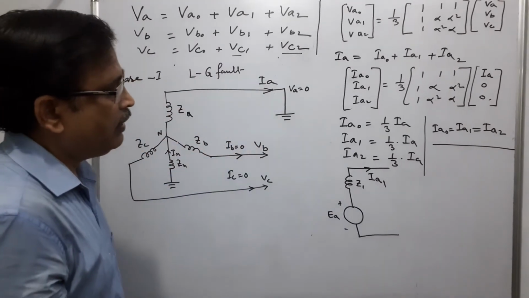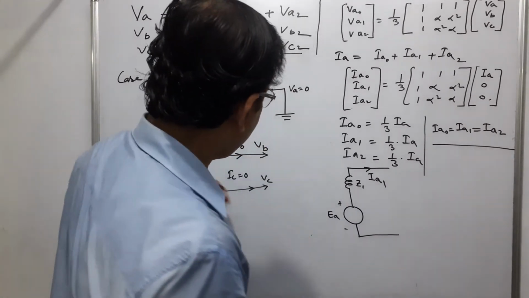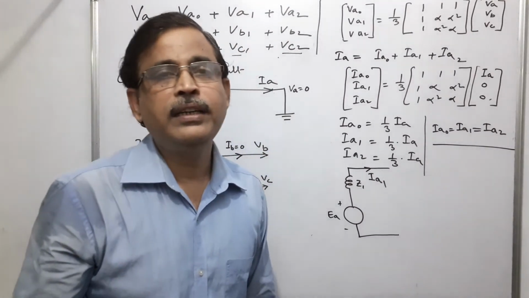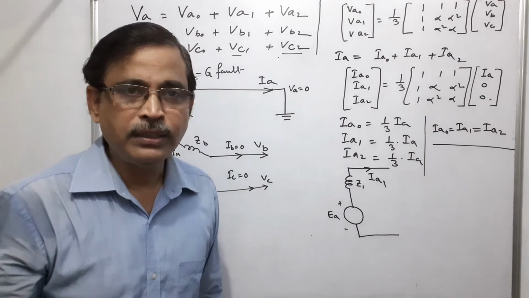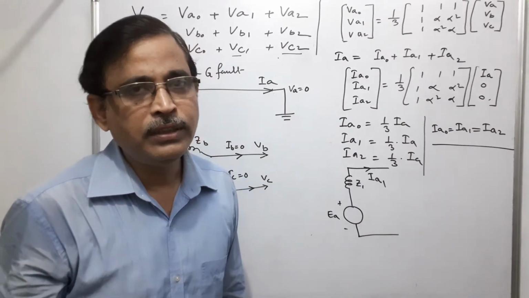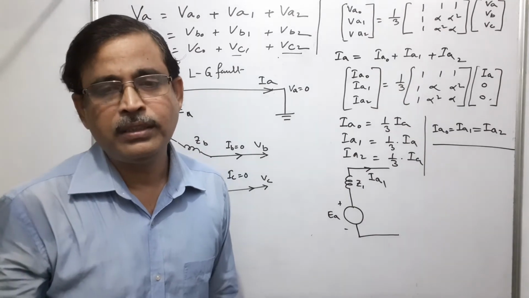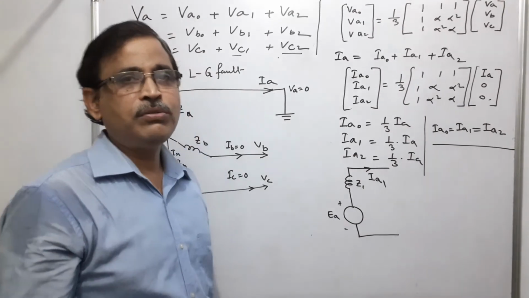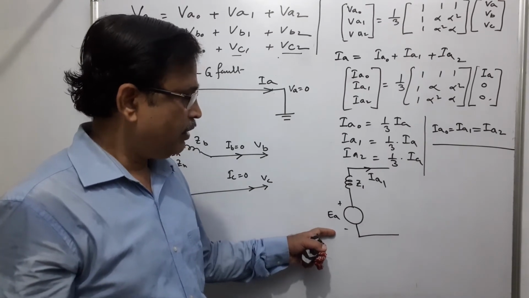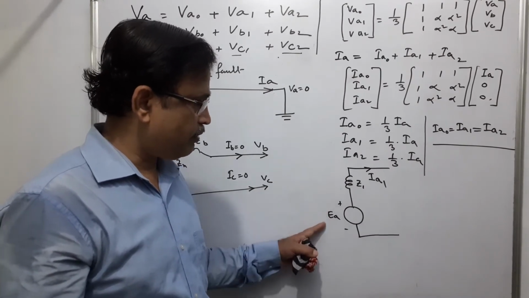Similarly, we know it is already proved that a generator can generate only positive sequence voltage, no negative sequence voltage and no zero sequence voltage. An alternator produces only positive sequence voltage. That means here it is the positive sequence network.